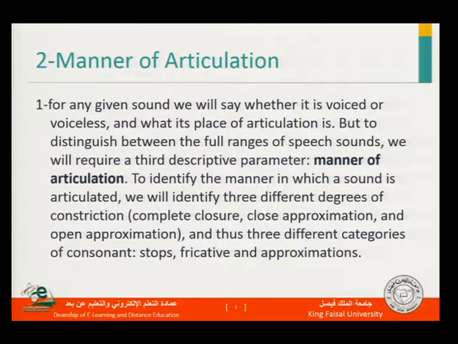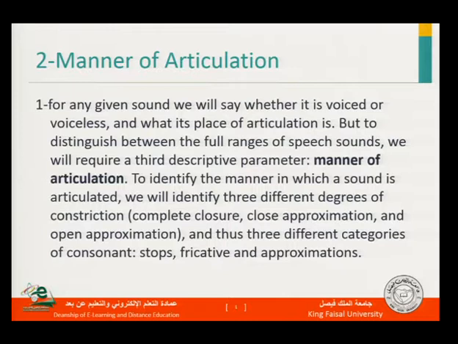We have stops, where the air is completely stopped. We have fricatives, which is a close approximation. The air is stopped but not completely. Between the two articulators, we have a gap from which the air is allowed to pass. Notice, for example, if I say P, the air is completely stopped, then it is released.